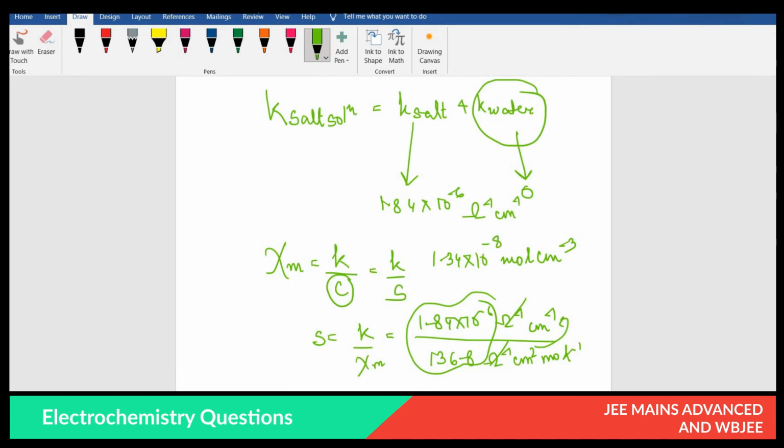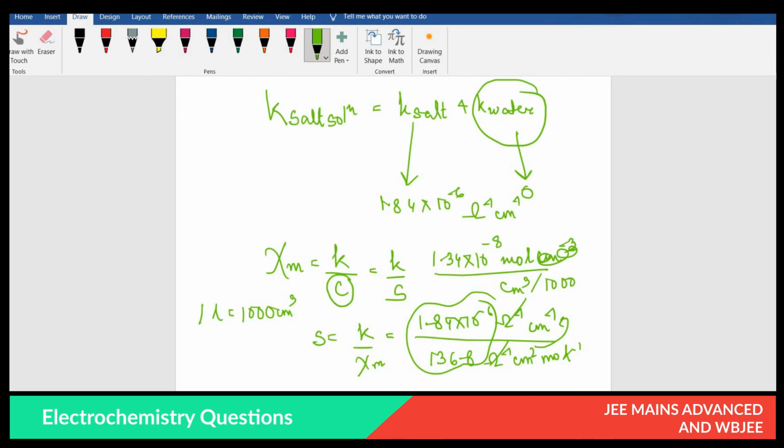Now, we have to change it into mole per liter. You know 1 liter equals 1000 cc, or 1000 centimeter cube. So, this answer is in mole per centimeter cube. To convert it to liters, we have to divide centimeter cube by 1000. That is when we get liter.